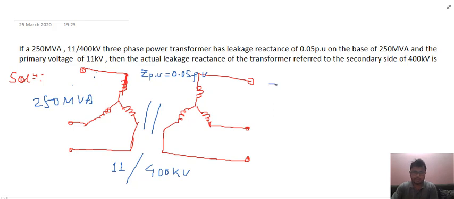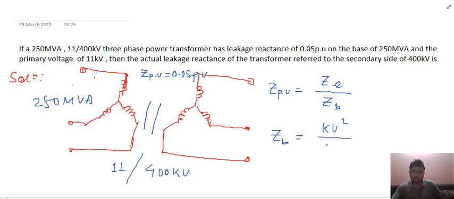Now we know Z per unit equals Z actual value, that is ohm, by Z base value. Z per unit equals actual by base value. And what is base value? Base value equals kV square by MVA.